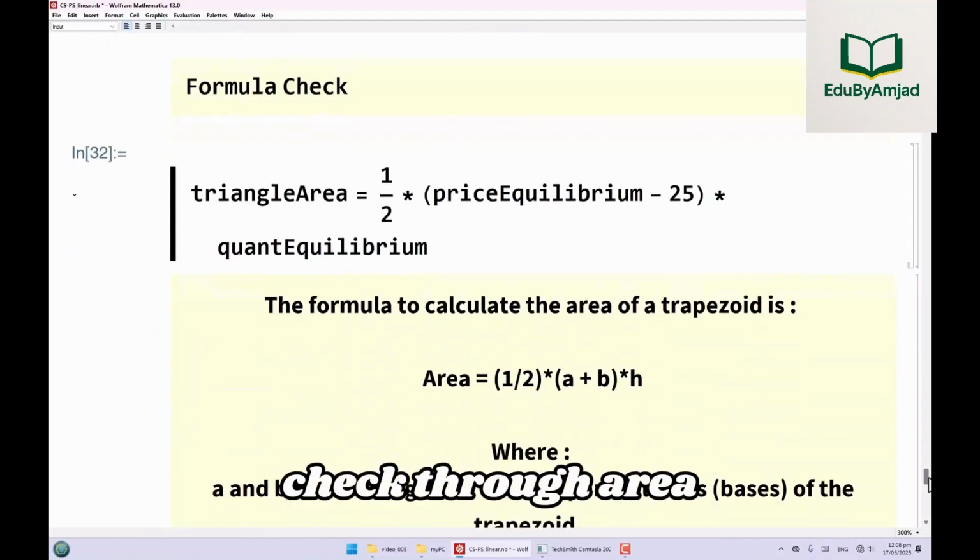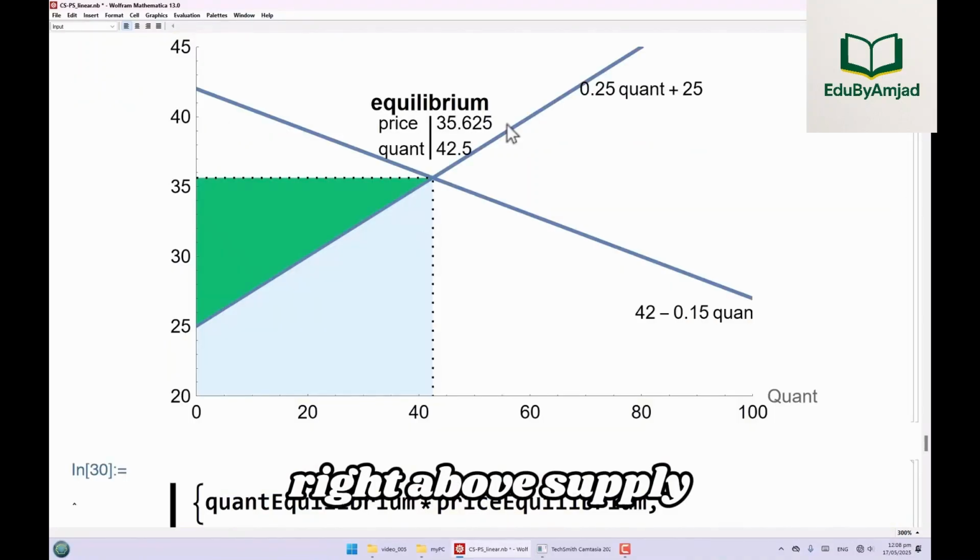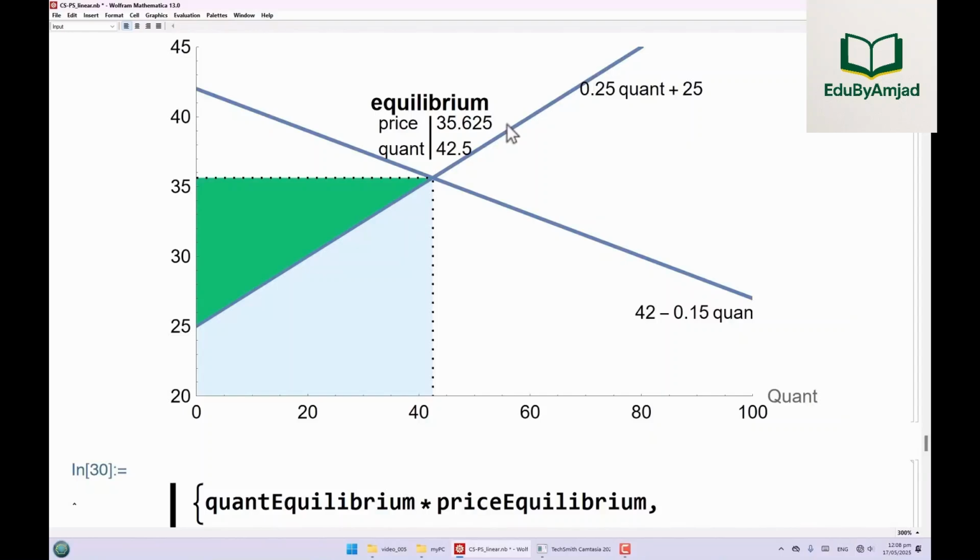We can double-check through area formulae of geometrical shapes. Producer surplus is the area of the triangle right above the supply curve. For the area of the triangle, note that one side of it is the equilibrium quantity. The length of the other side is the difference of the supply curve intercept and the equilibrium price.